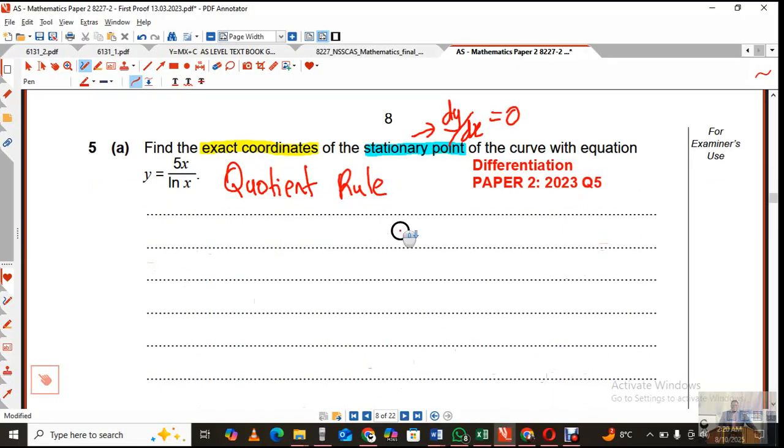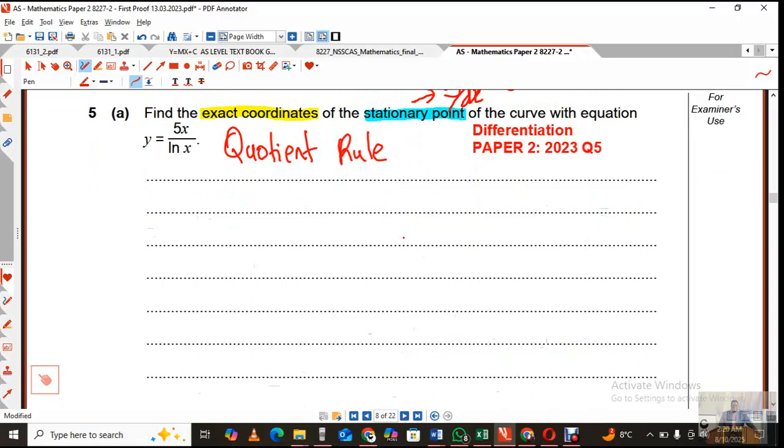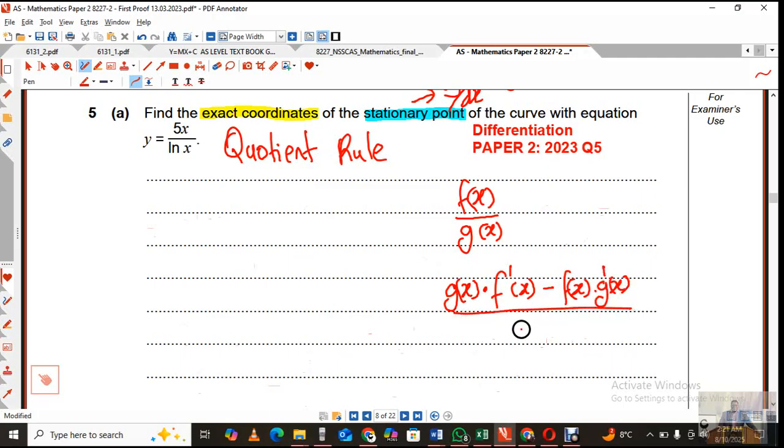Now what that is essentially saying is that if you have a function f that is being divided by another function g of x, the same function in x, then you take the denominator, you multiply it by the derivative of the numerator, minus the numerator times the derivative of the denominator, and everything should be under the denominator all squared.